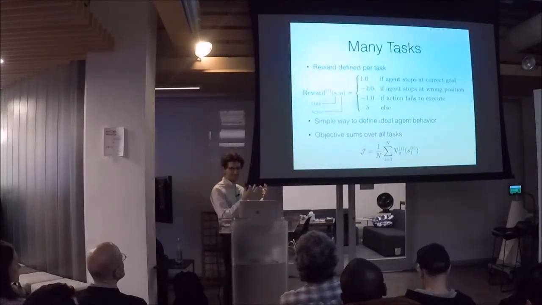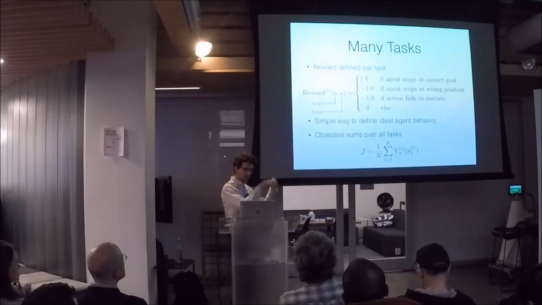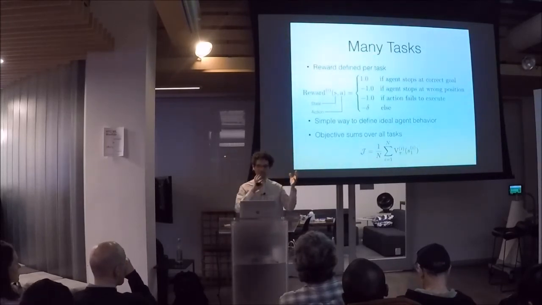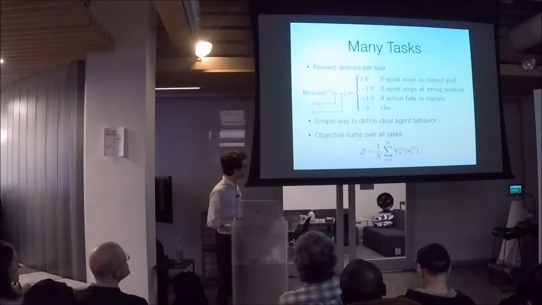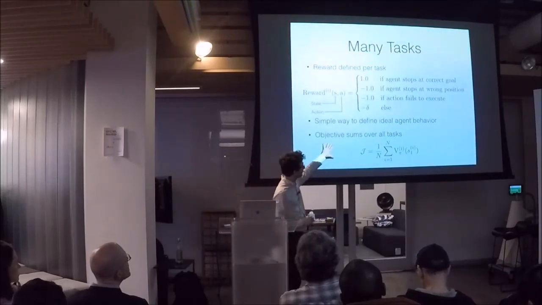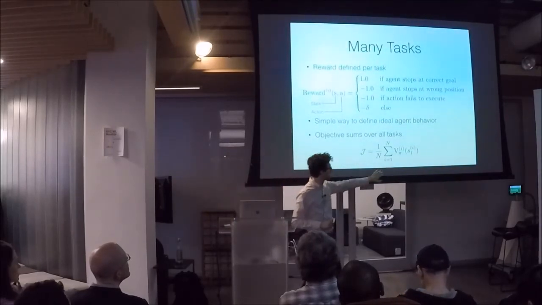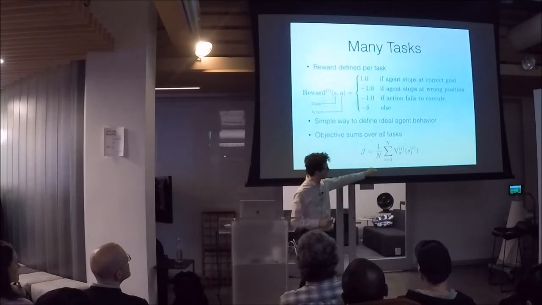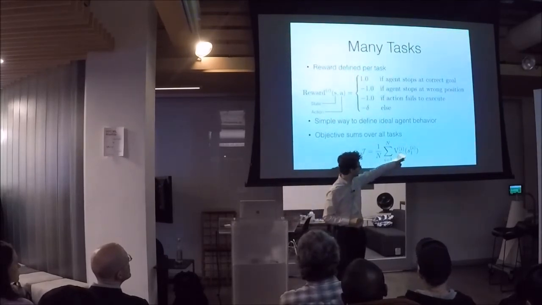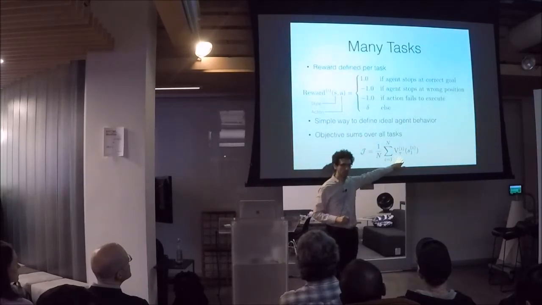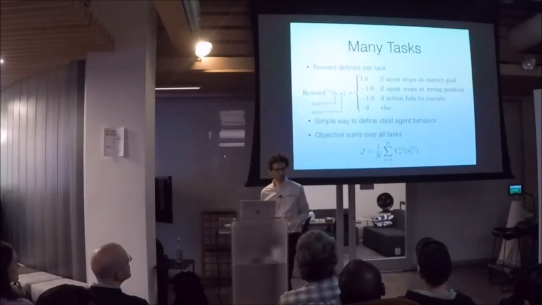It doesn't really dictate exactly how the agent should behave, but it gives us very roughly what an ideal agent would look like. And the objective that we define is this policy gradient objective. Whereas in policy gradient in reinforcement learning, usually you have a single value function, we have a value function for each possible example, so we average across all these value functions.